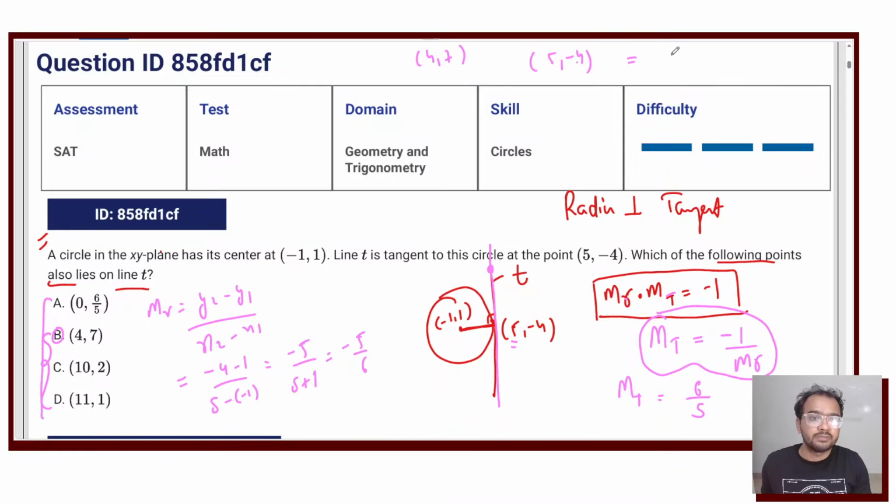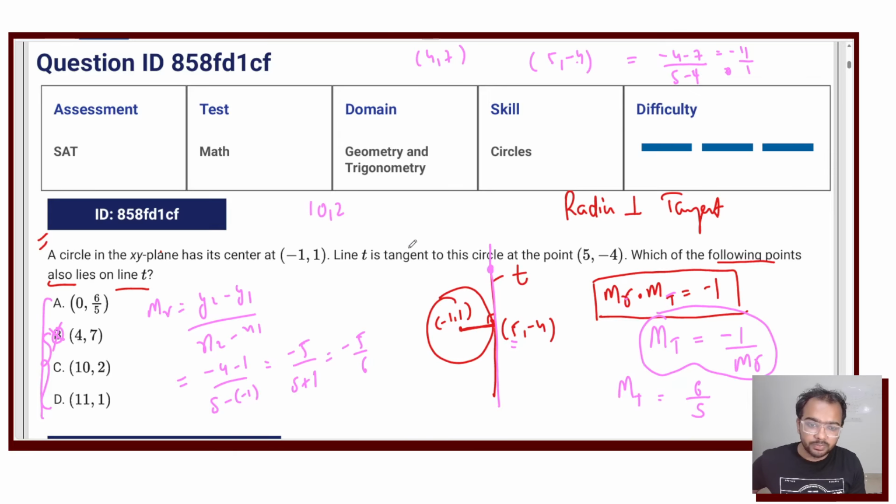The difference of y values is negative 4 minus 7, that is negative 11, and the difference of x values is 5 minus 4, that is 1, so negative 11 over 1. I want it to be 6 over 5, so that doesn't satisfy. I can eliminate it, B cannot be my answer.